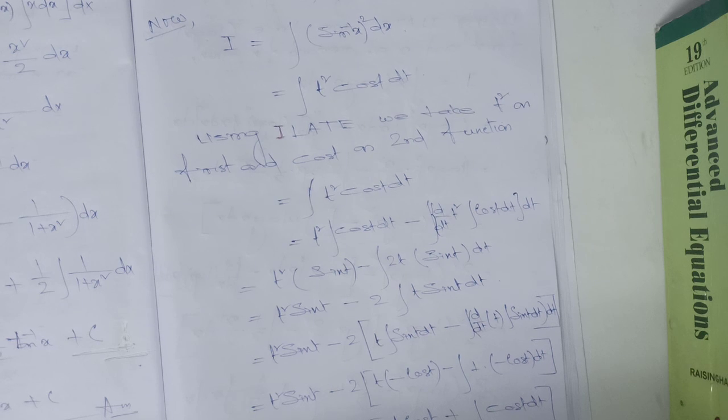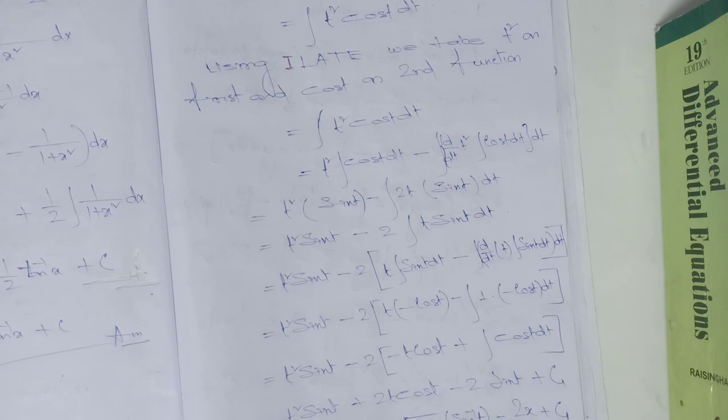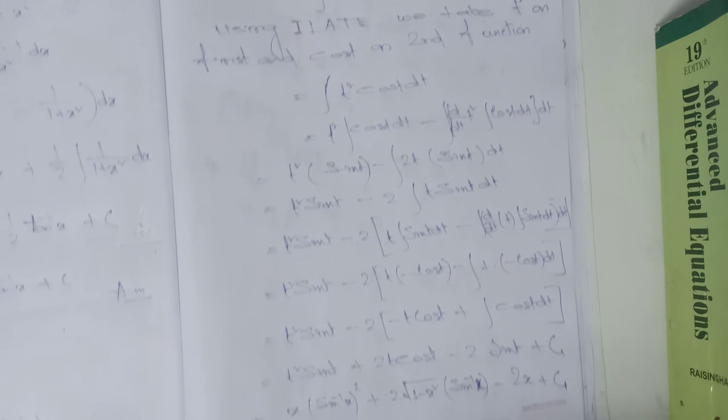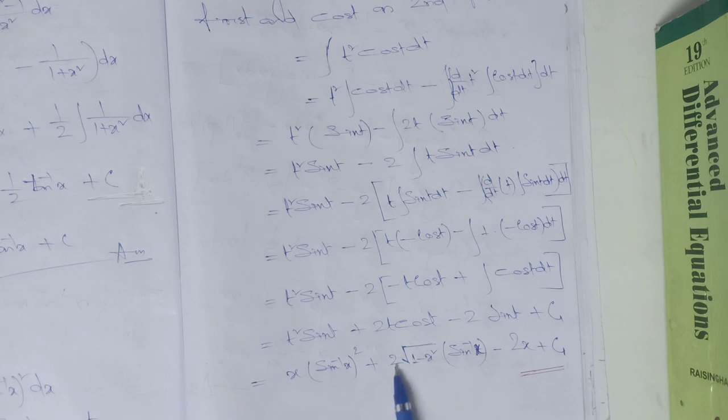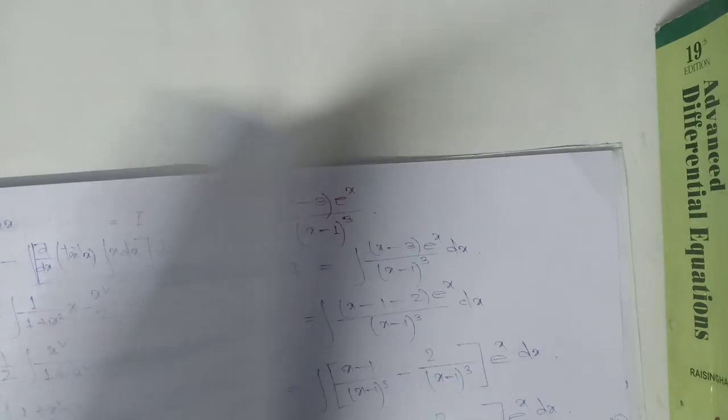So it is x sin inverse x whole square plus 2 root over 1 minus x square into sin inverse x minus 2x plus c. So this is the answer of this question.